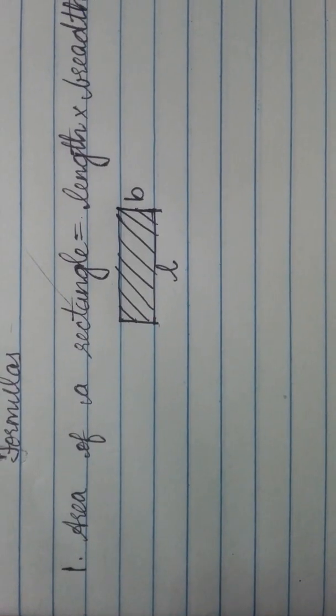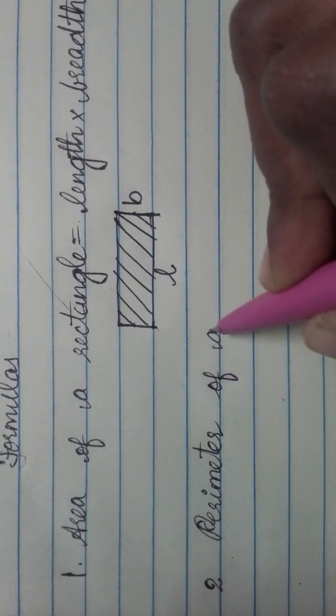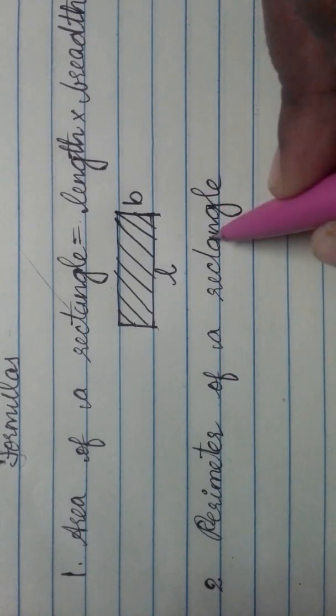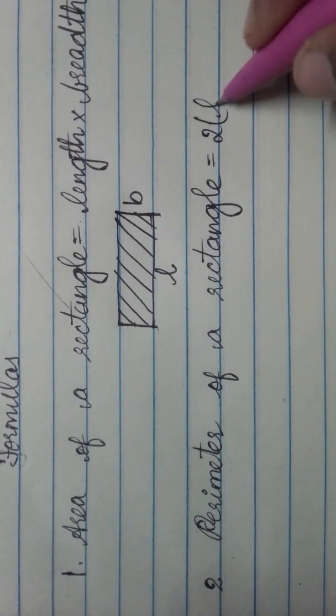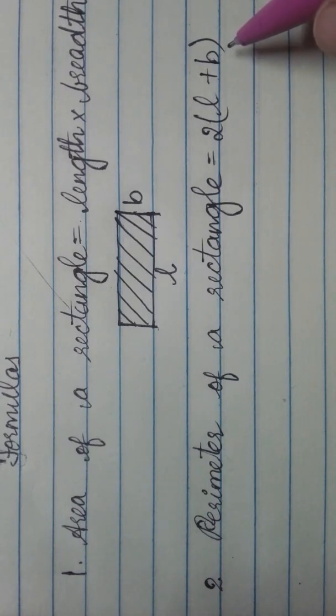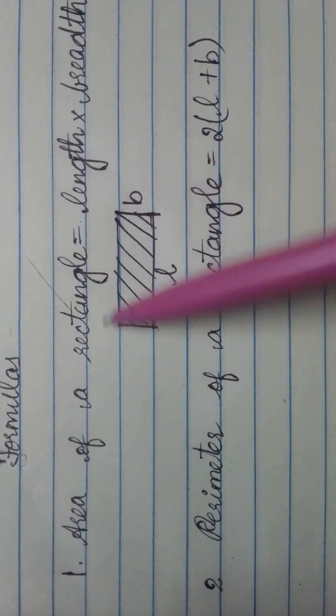Now let us write the next formula, which is perimeter of a rectangle. Perimeter of a rectangle is equal to 2 into length plus breadth. This is nothing but the sum of all the four sides.